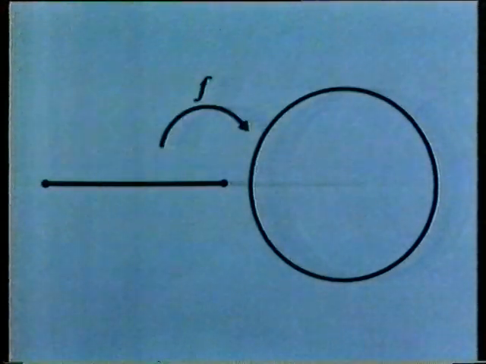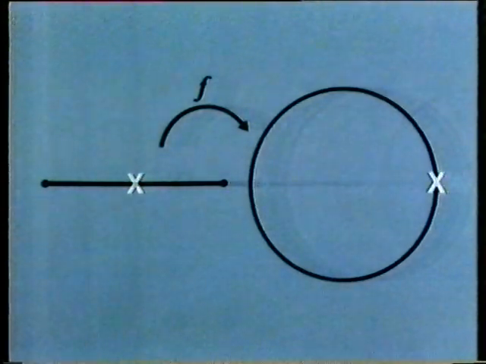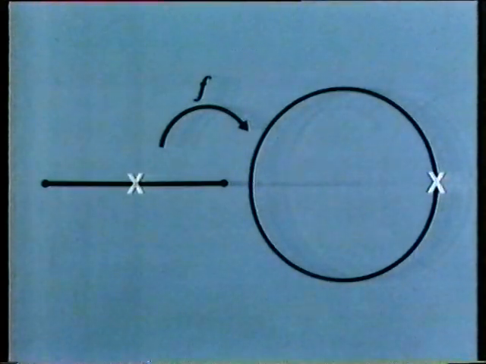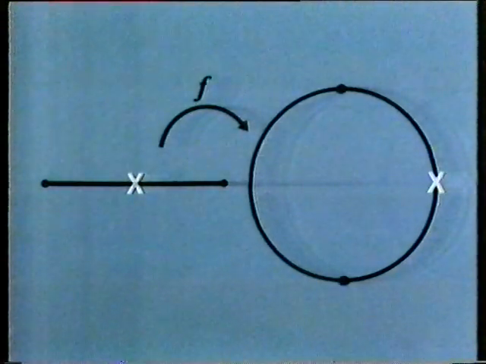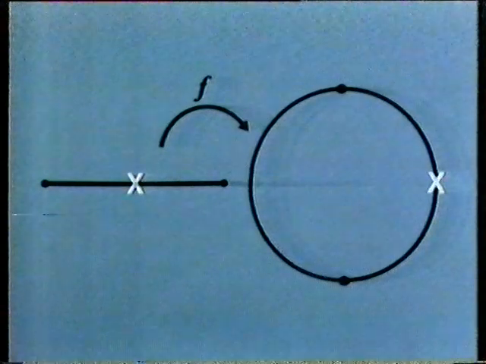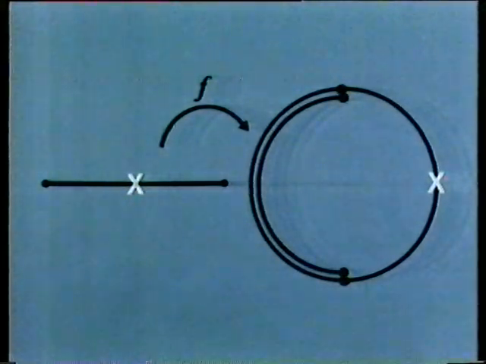So assume there is a homeomorphism f from the interval to the circle. Remove a point from the interval and its image from the circle. The restricted map remains a homeomorphism. We'll now mark the images of the endpoints of the interval on the circle. Now there's a path in the circle between those images which avoids the point we've removed.